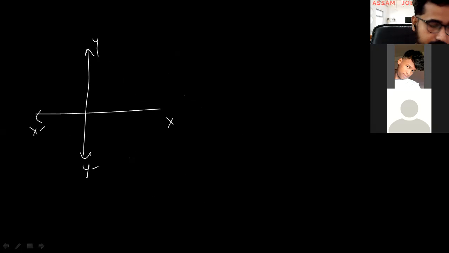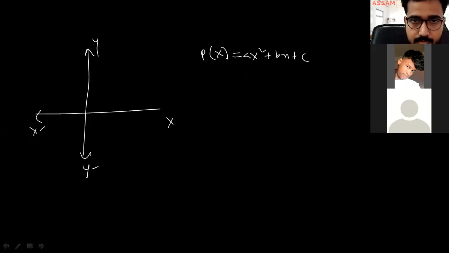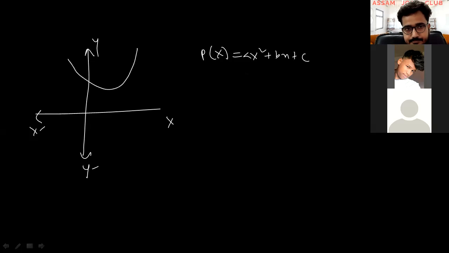You are given that it is a polynomial of variable x, like this: ax square plus bx plus c. So tell me how many solutions it has? No solution. Yes, good. Why? Because this parabola does not cut the x-axis at any point. Yes or no? That's why it has no solution.